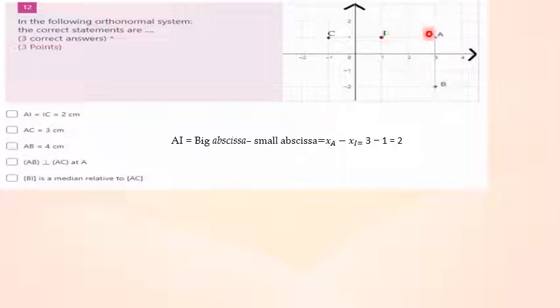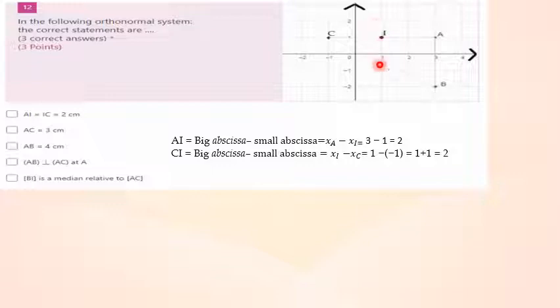AI, how to find the distance AI? It's the big abscissa minus small abscissa. So it's XA minus XI. 3 minus 1 is 2. So AI equal 2 units of length. What about IC?